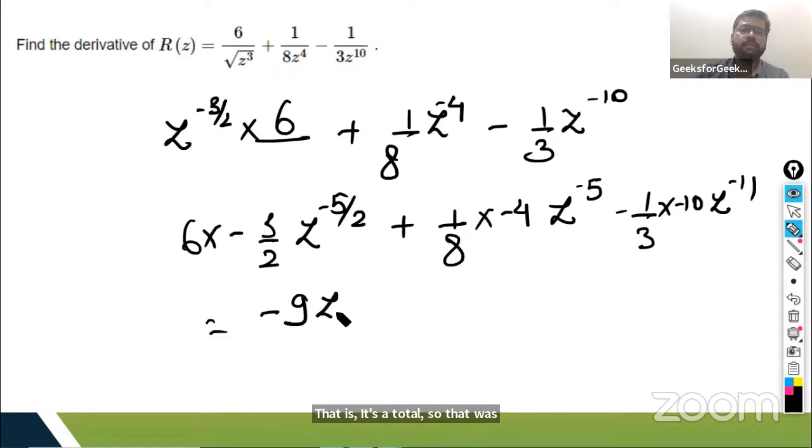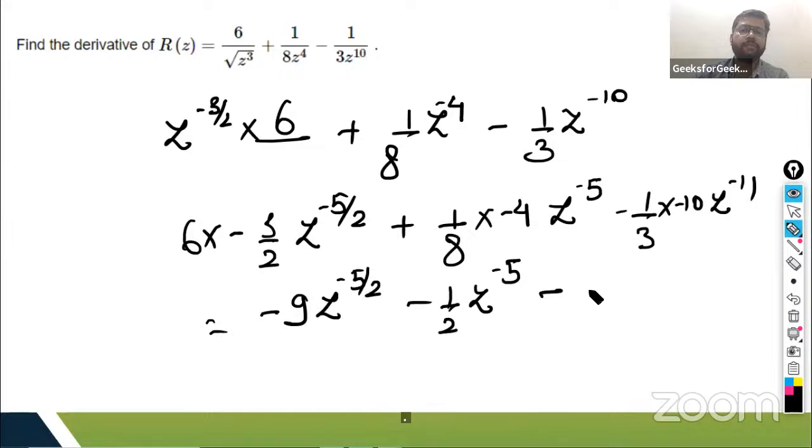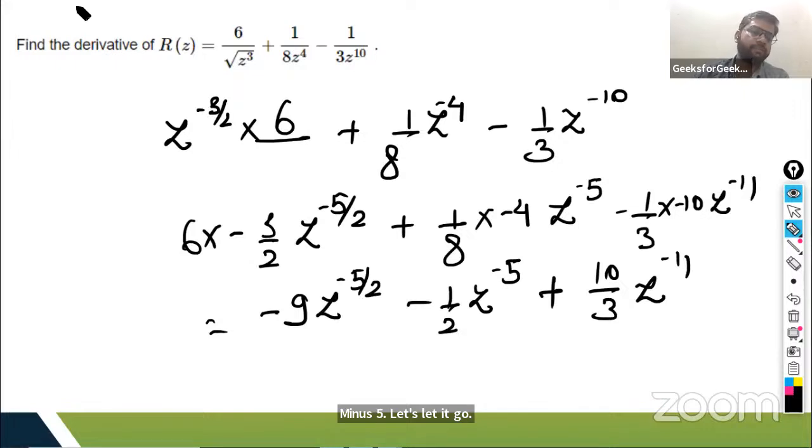That is equal to minus 9 z to the power minus 5 by 2, plus 1 by 2 z to the power minus 5, plus 10 by 3 z to the power minus 11. This one is the answer.